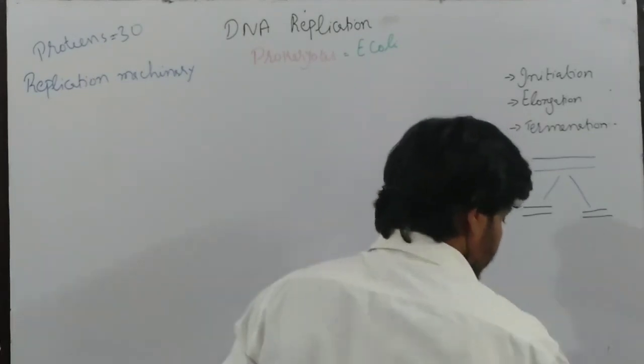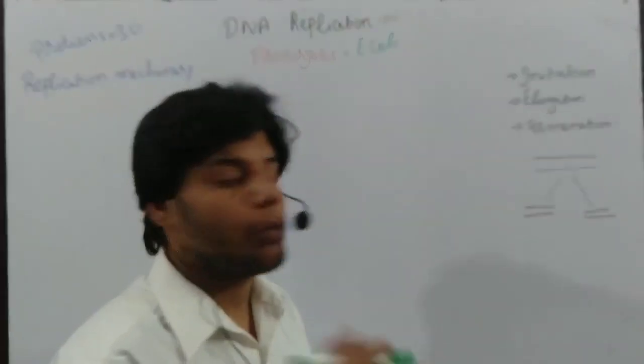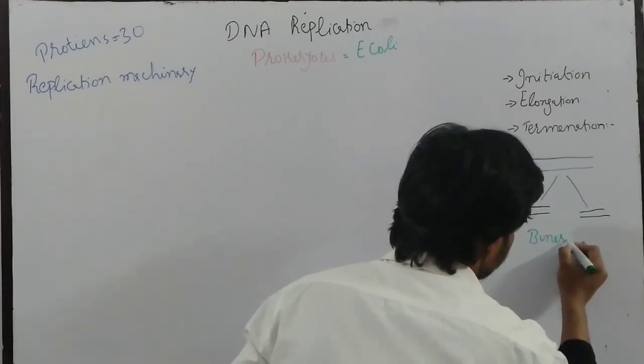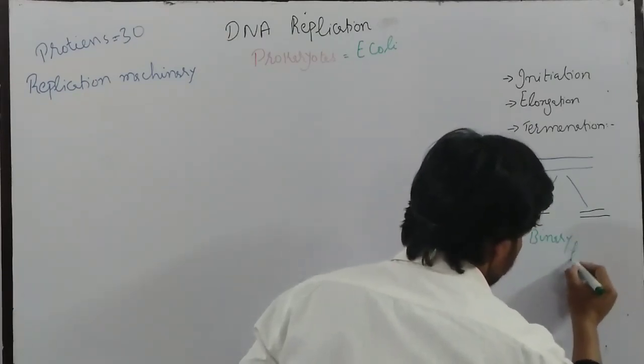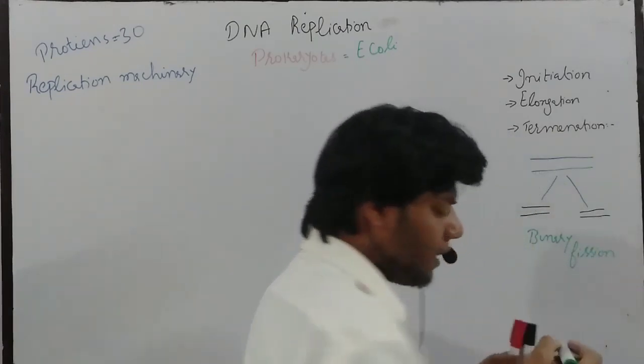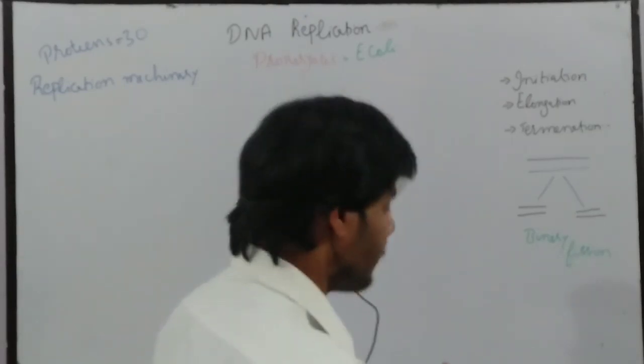Usually in this case the cell is divided through binary fission because it is a bacterial cell. Let me tell you a little bit about binary fission, how the cells are divided during binary fission.